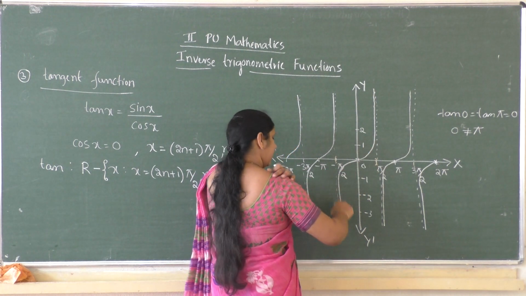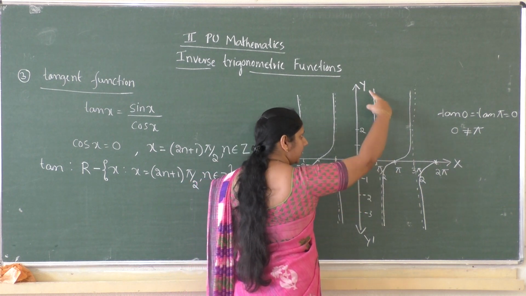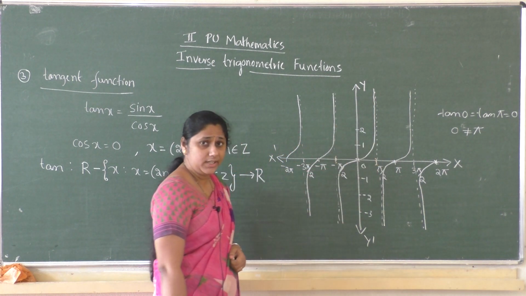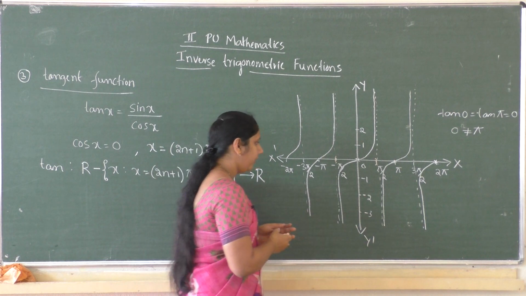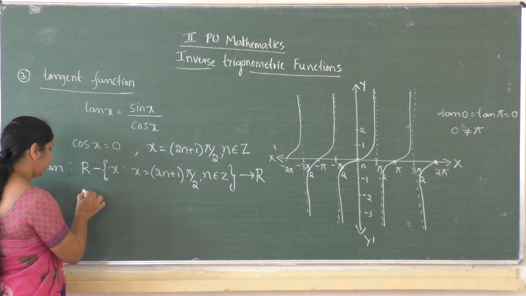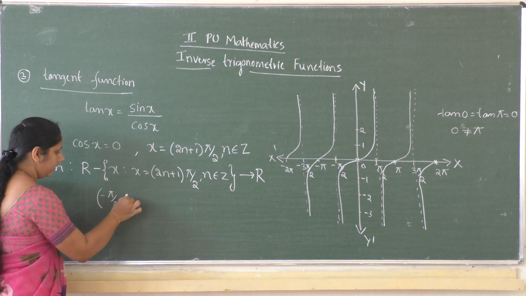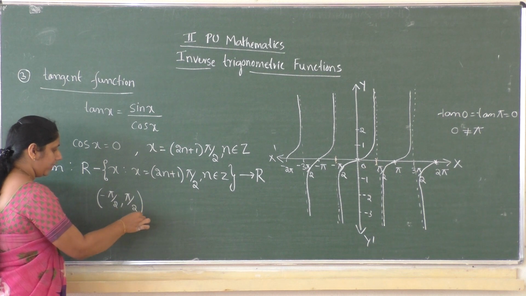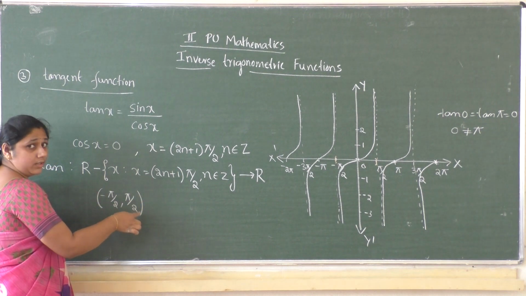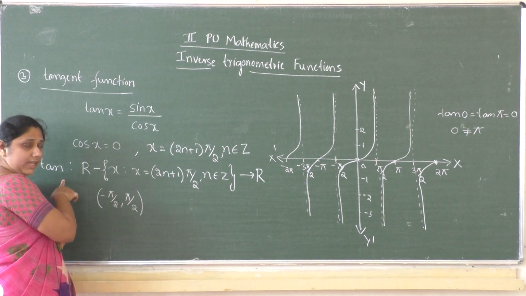The graph gradually increases from minus infinity to 0, then 0 to infinity, with no repetition in the values. So we divide the domain of tan into intervals like the open interval minus pi by 2 to pi by 2. Why are we taking an open interval? Because at odd multiples of pi by 2, tan is not defined.